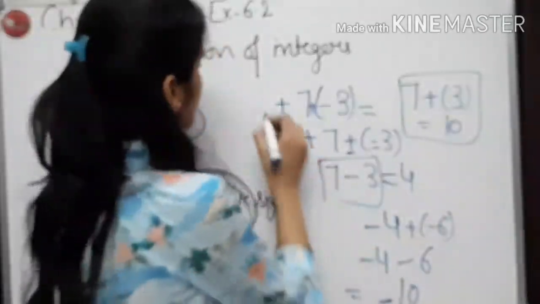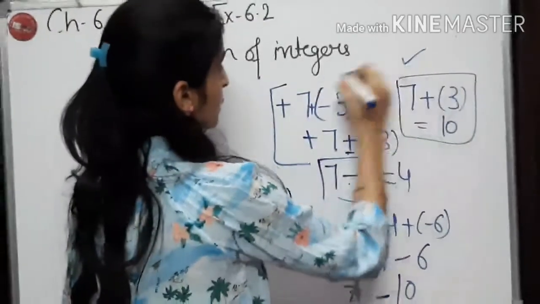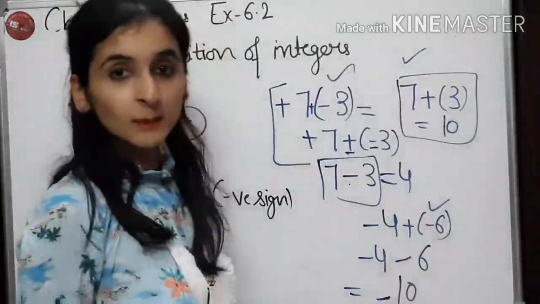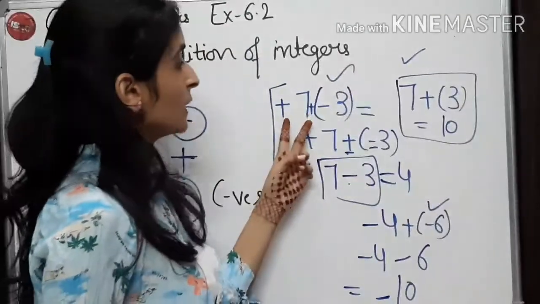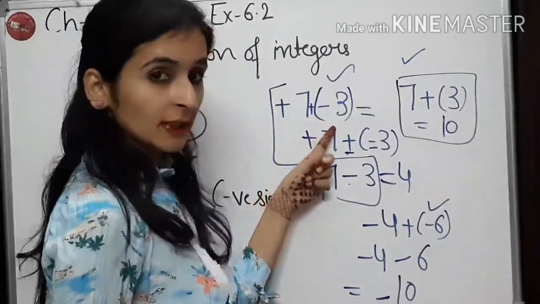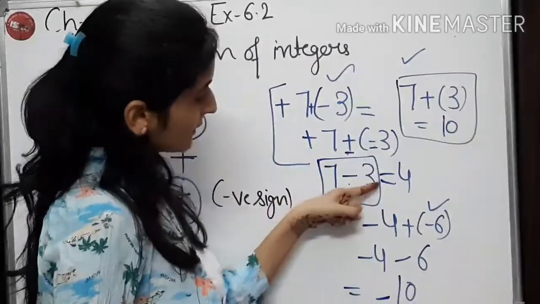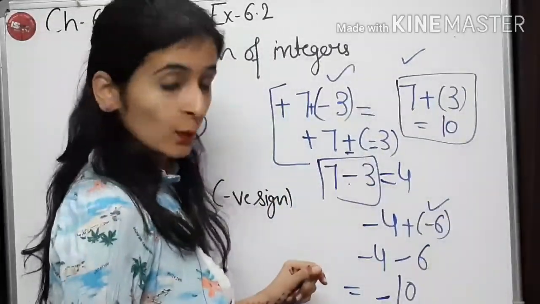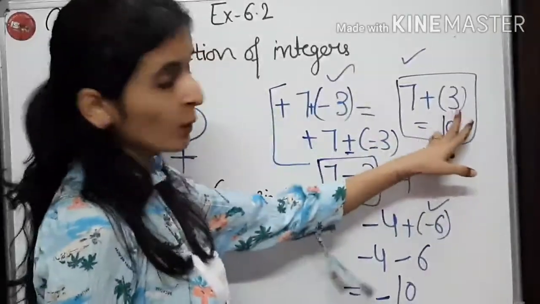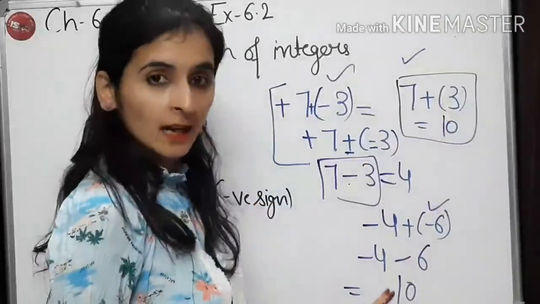Okay. So these 3 points I have told you. What are these 3 points? When you have one positive sign and one negative sign, then plus minus will be minus, and 7 minus 3 will be equal to 4. And when you have two positive signs, then you will simply add.